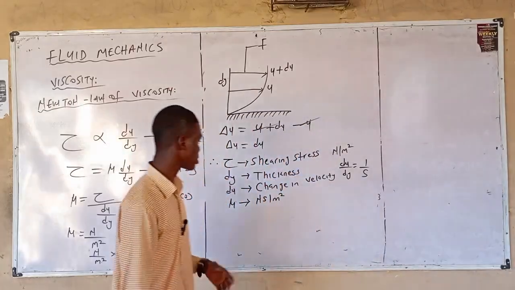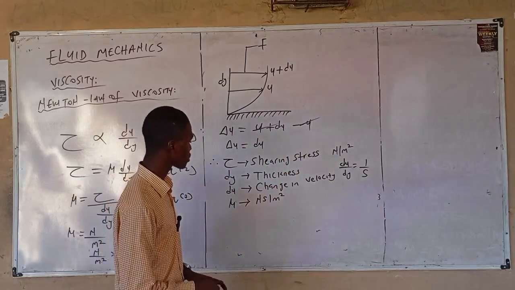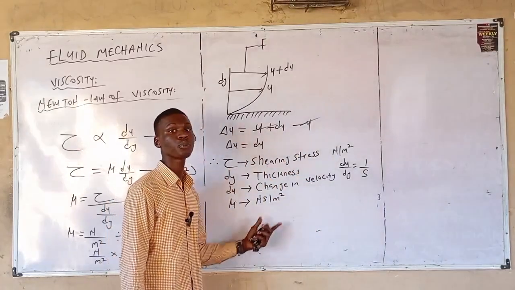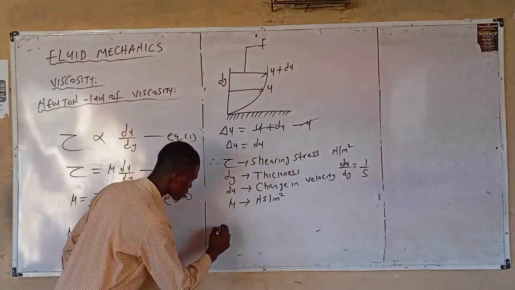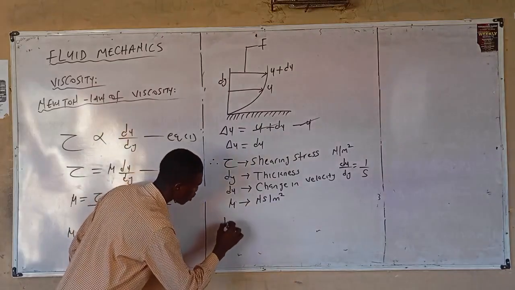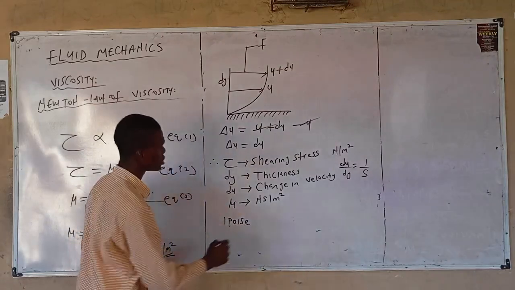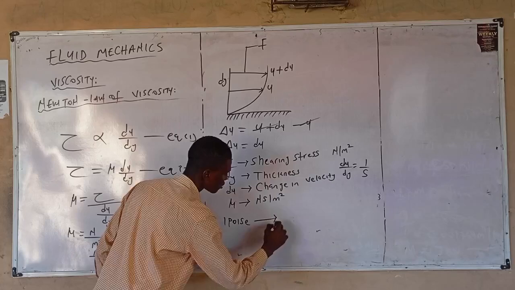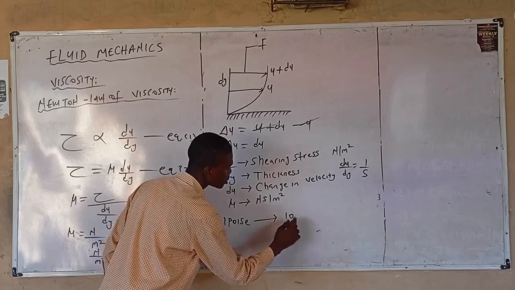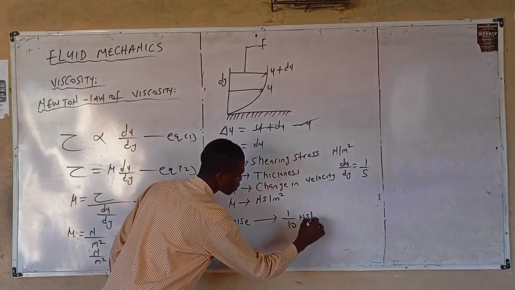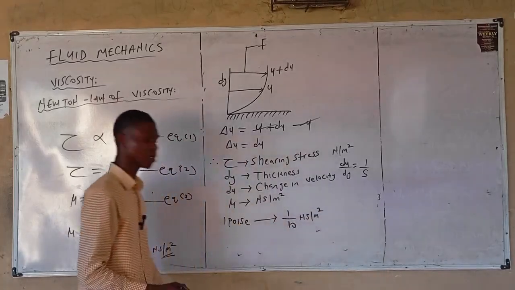Alright, let's see what it means. We said dynamic viscosity, which is in Newton seconds per meter square, is measured in poise. One poise is equivalent to 1 divided by 10 Newton seconds per meter square.